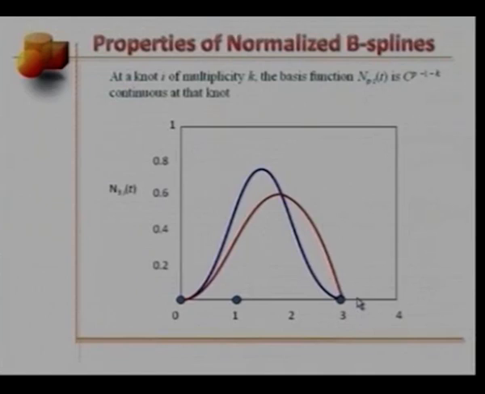If I further move knot 1 to the right, making the multiplicity of knot 3 as 3, the green one shows the new shape. Now we have lost the position continuity. Realize that we have a jump in position right here.